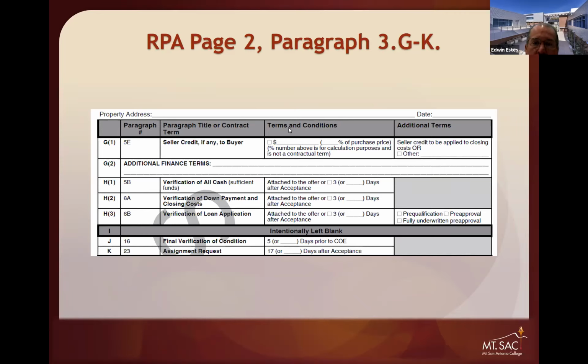Let's see. Can you enter the trust name on the buyer section instead of individual names? Absolutely, if the trust can afford to buy it. But typically trusts don't have income. The beneficiaries of the trust who have jobs have the income. So how does it work? The buyer is buying the property and qualifying for the loan, but then they're going to assign it to the trust.